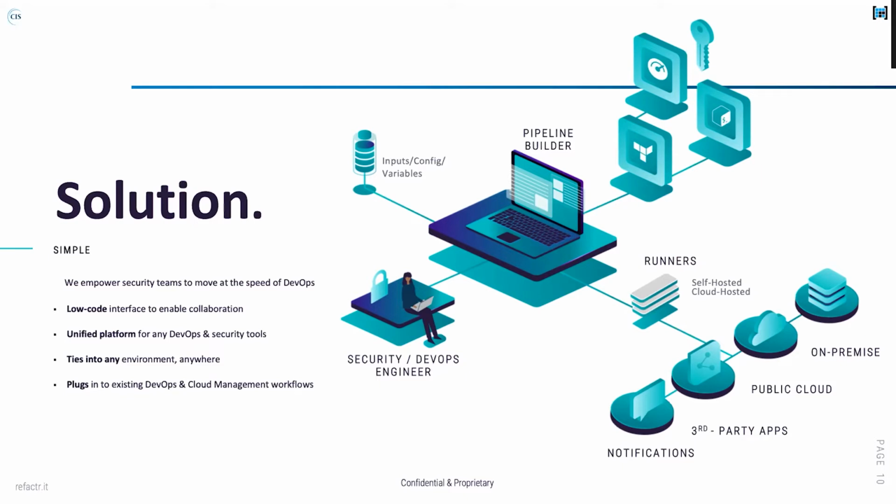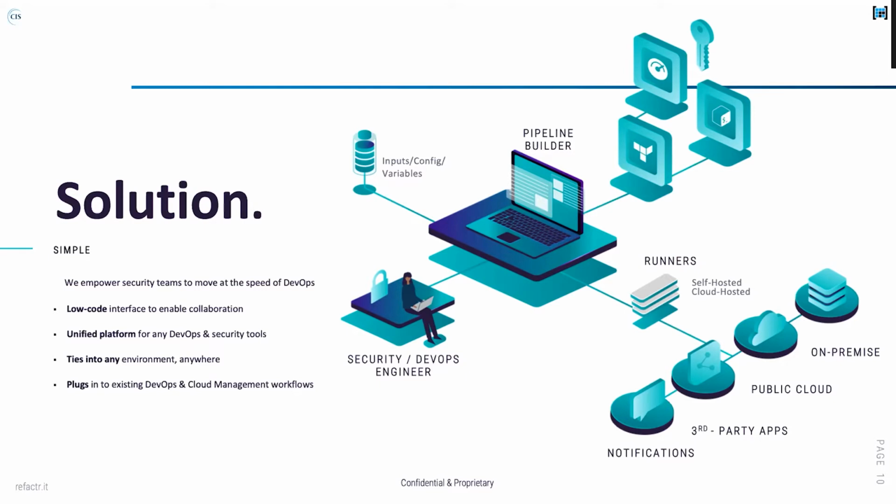And then also we can plug into existing DevOps and cloud management workflows. That's super important because there are a lot of organizations out there that want to tie in. We even talk with organizations that want to build up some infrastructure and run the CISCAT assessor, and how do you plug that into an existing software delivery pipeline?